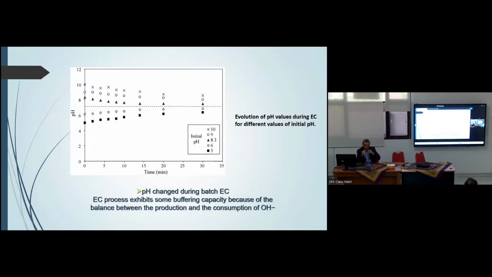And also we have to talk about pH. pH changes during the electrocoagulation. We start, for example, at 10 and we finish at 8. When we start at 5, we can reach 7. Okay, the pH changes during the electrocoagulation.